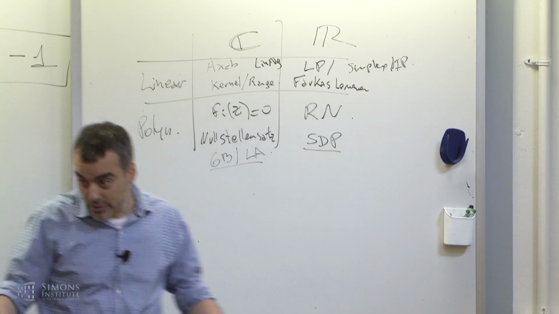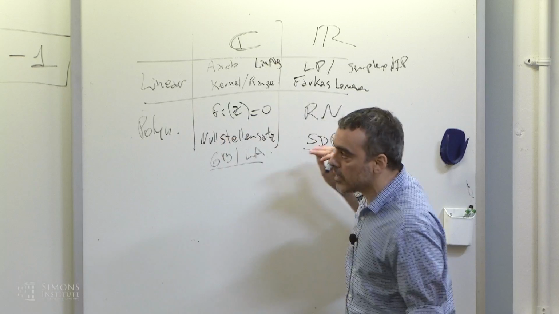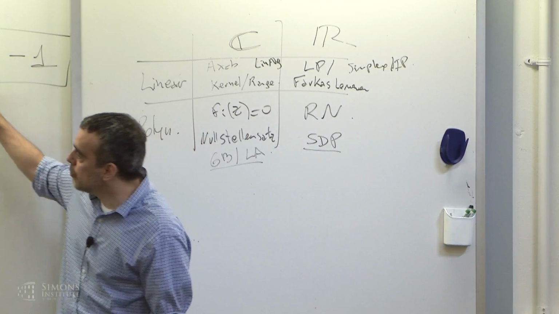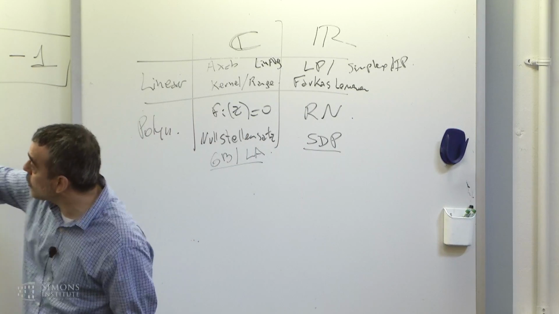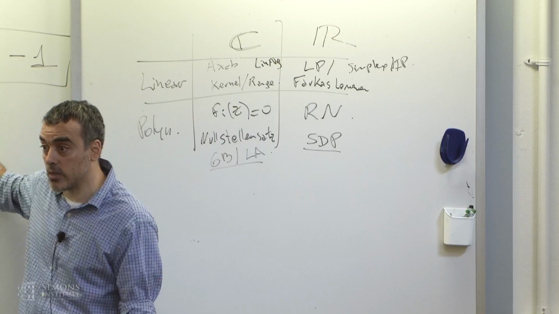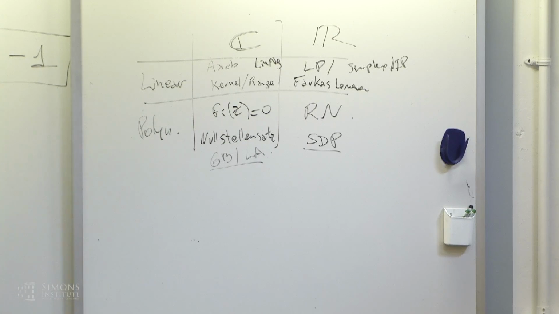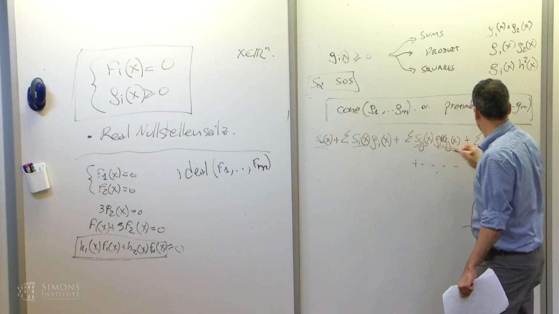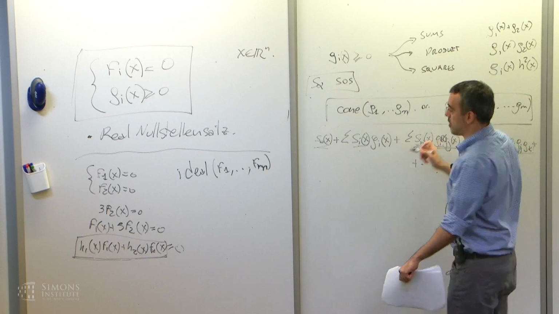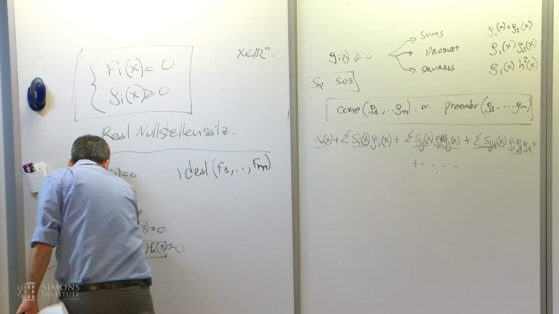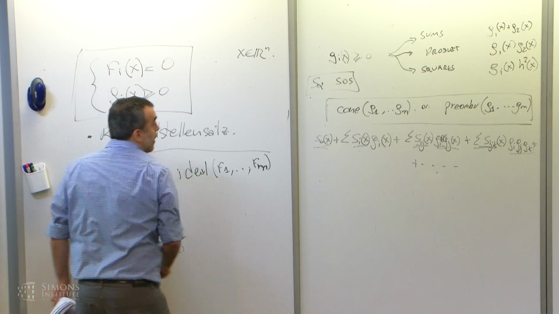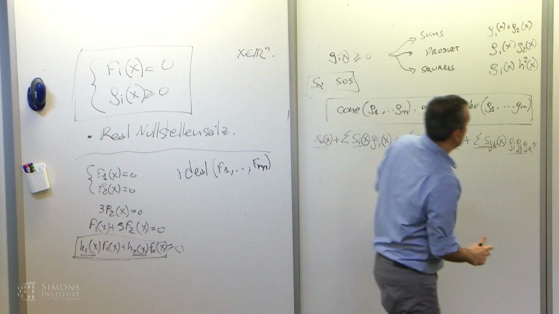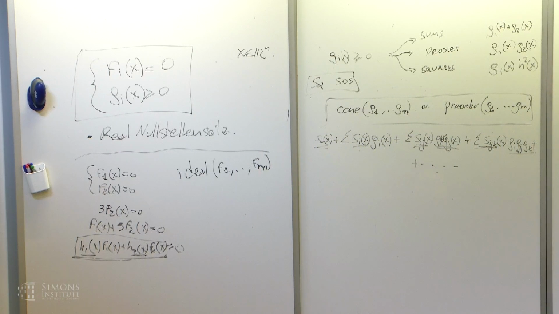And of course, the reason why I'm talking about this is because if I don't want to just take this as a given, but actually want to find the f and g's, I have to find sums of squares here and polynomials h sub i here in such a way that this equation will be satisfied.